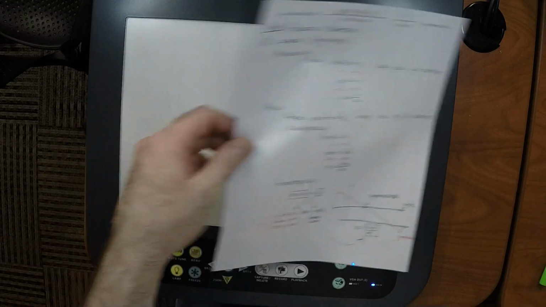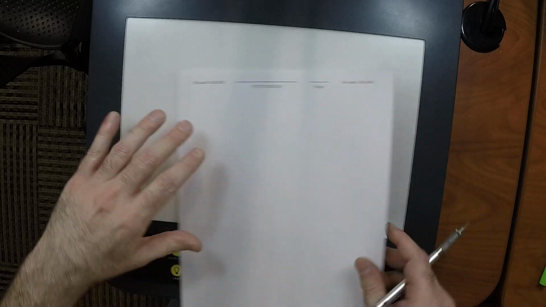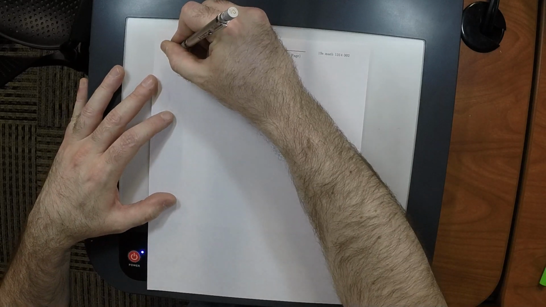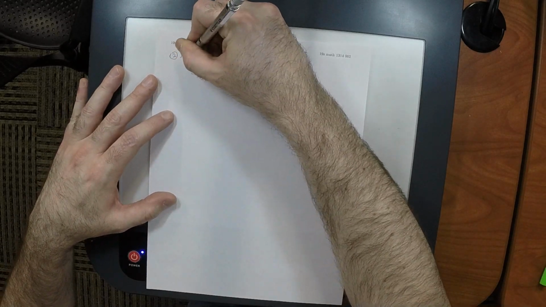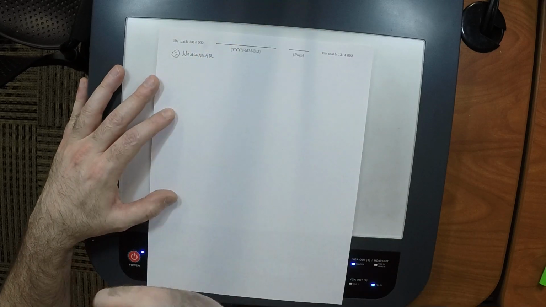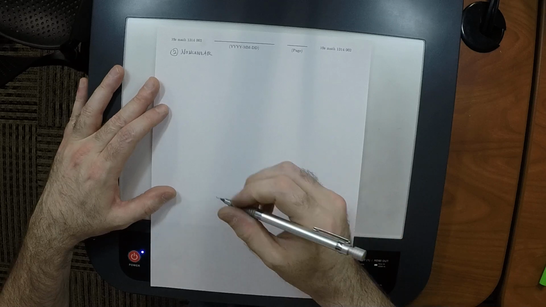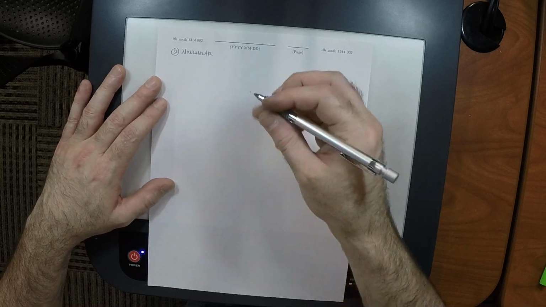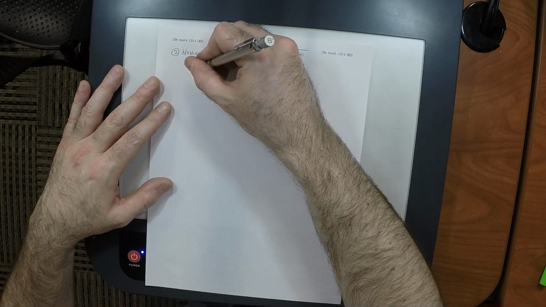So now what we're going to deal with is the nonlinear case. And here, I'll just summarize it with some pictures.